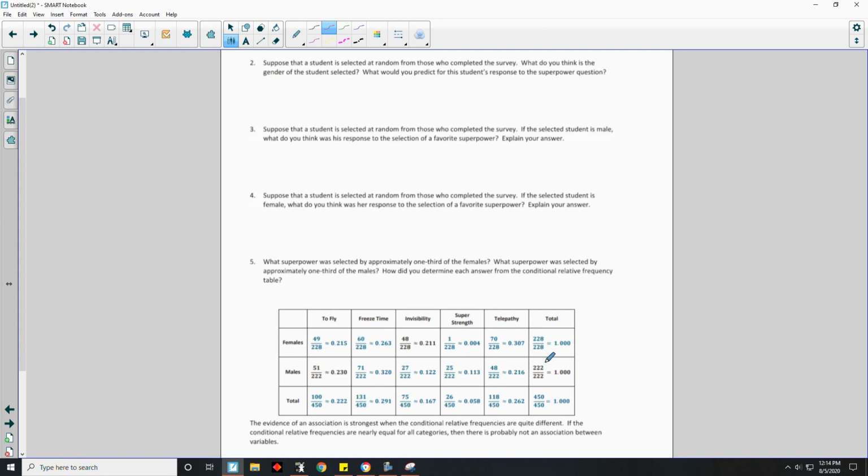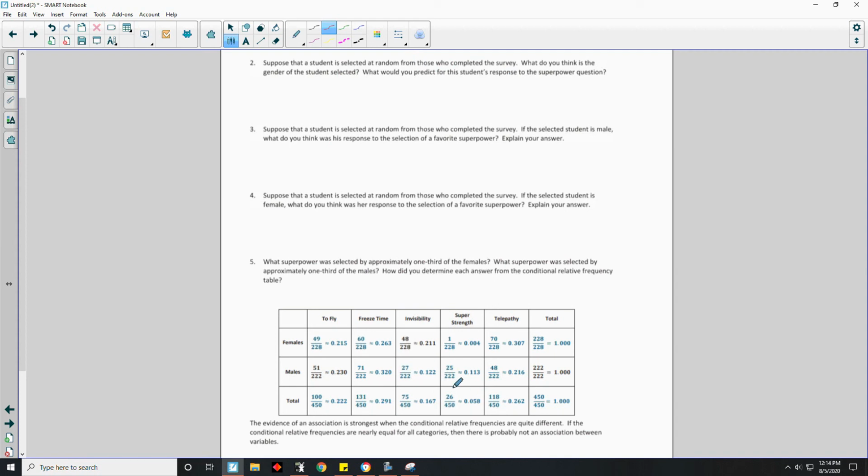But this is really close. There's only 6 more girls than there are boys. So I don't think that there would be enough of a difference here to say which gender you think would be randomly selected. And then it says, what would you predict for the student's response for superpower question?